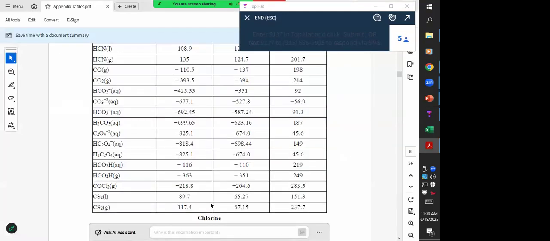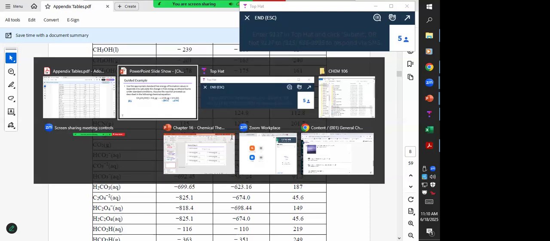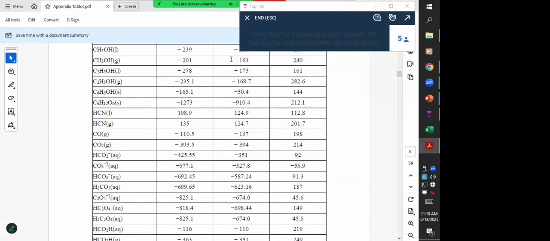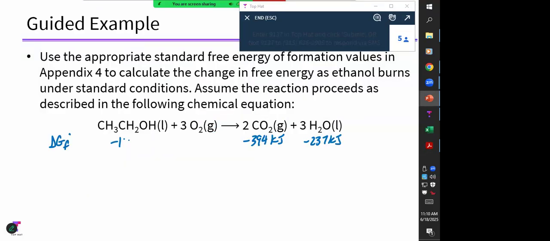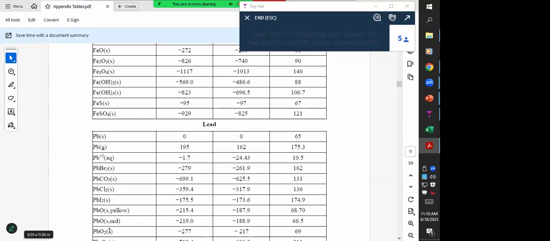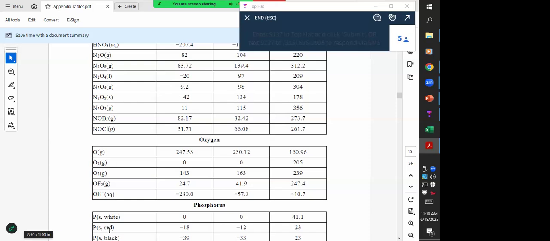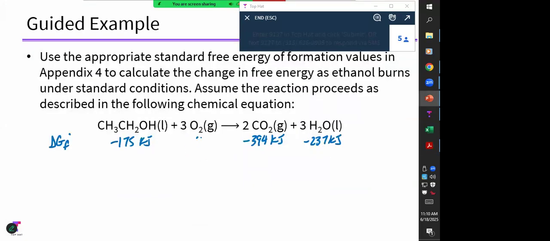And we have ethanol, C2H5OH, and it is in the liquid phase also, so negative 175. And then finally, oxygen. Oxygen should be 0, and it is, because oxygen is already an element.